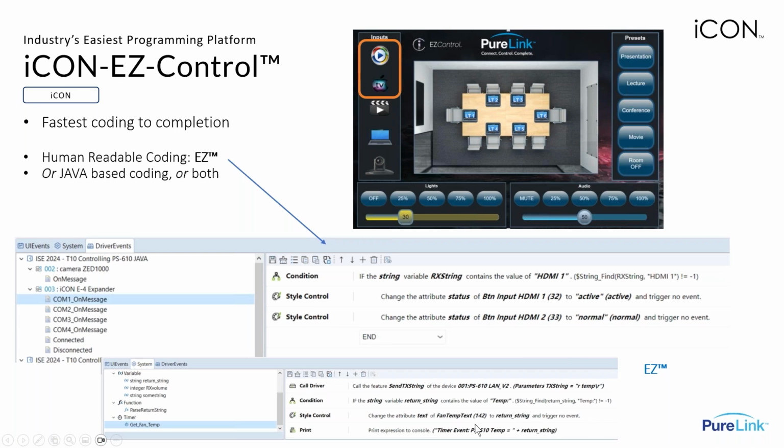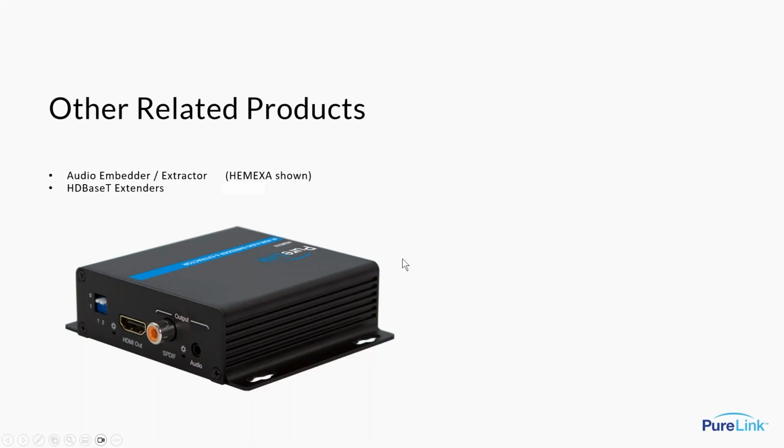If you reach a certain temperature, you might display a warning pop-up window. And there's a lot that you'll learn from coming to the Icon Easy Control class. So please do that.